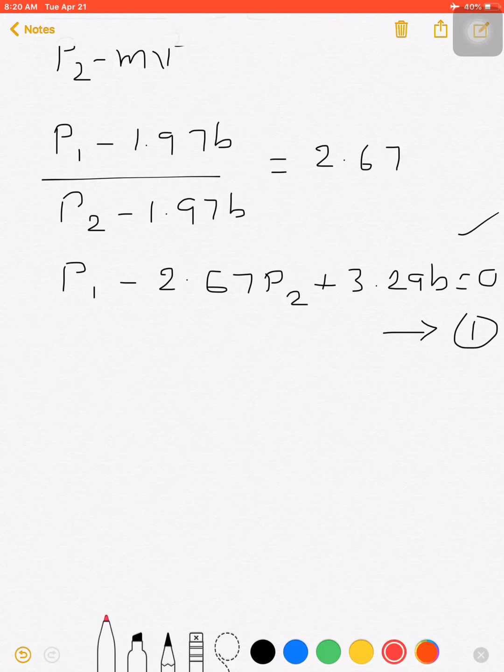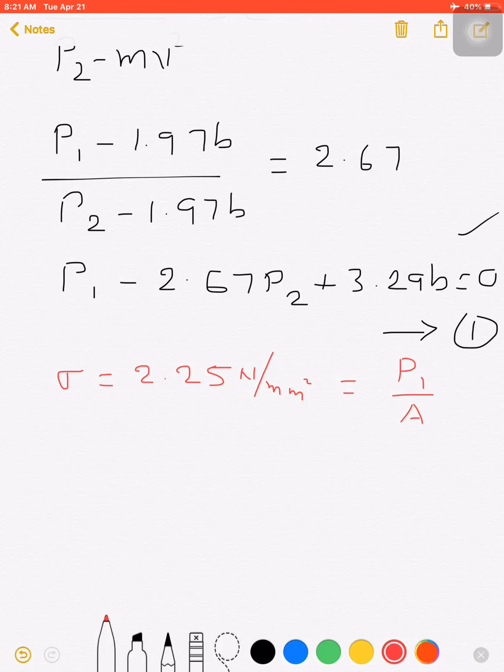Now in the question they mentioned that the maximum stress, that means the stress in the belt, should not exceed 2.25 Newton per mm square. Which means sigma is equal to 2.25 Newton per mm square. Sigma is equal to force upon area.